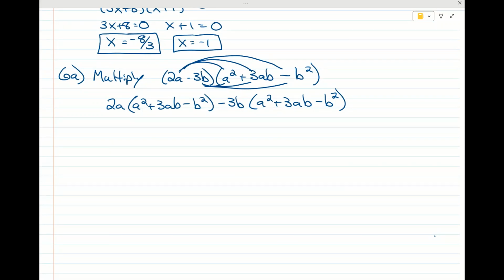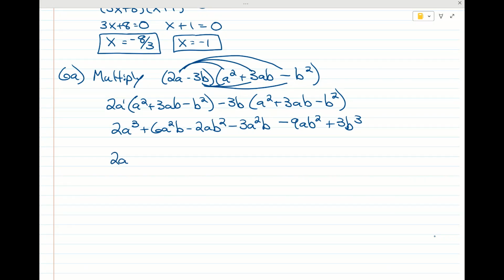Remember, anytime you multiply the same bases, we add their powers. So this would be 2a to the third plus 6a squared b minus 2ab squared minus 3a squared b minus 9ab squared plus 3b to the third.